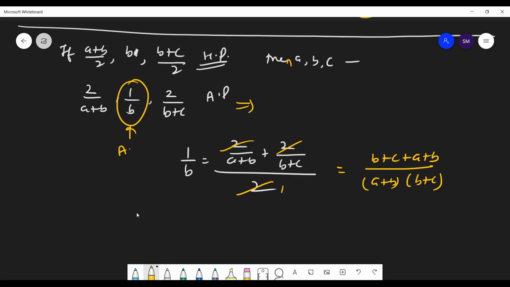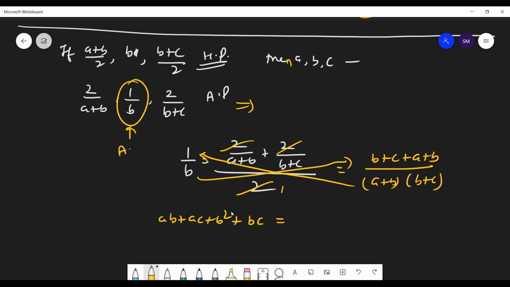So what can you do now? You just have to simplify it. So this will go this side. So what do you get here? AB plus AC plus B square plus BC, right? And that's equals to, what about this? So B will go this side, students.